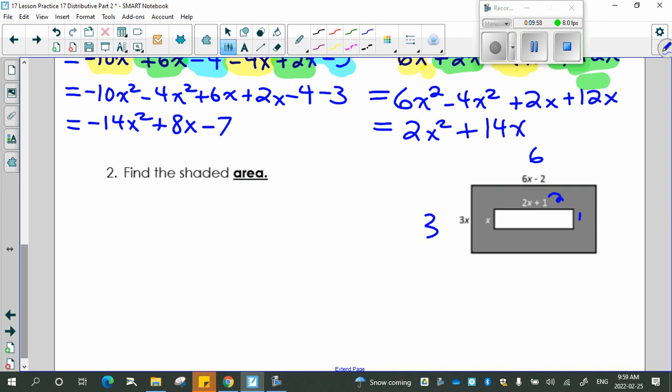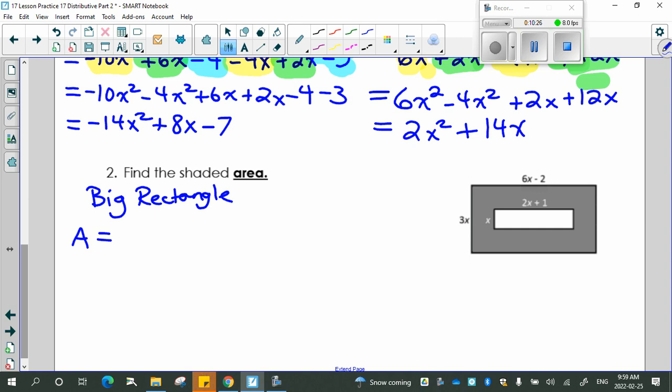Okay, so Abby says find the area of the whole big rectangle, and then subtract the area of the little one inside. She's right, that's exactly what you do. So let's do that. I'm going to label it big rectangle and find the area of that.